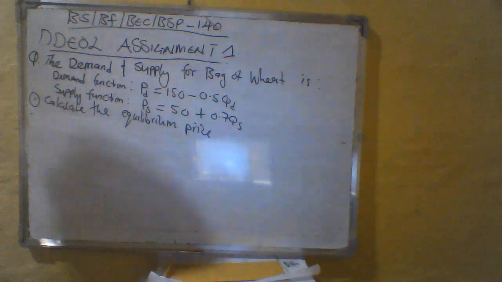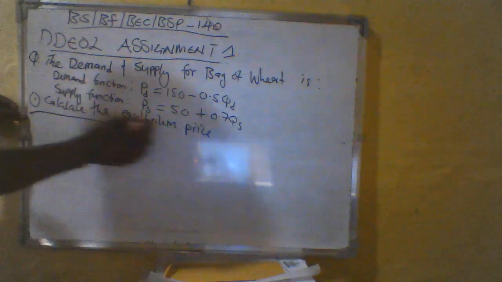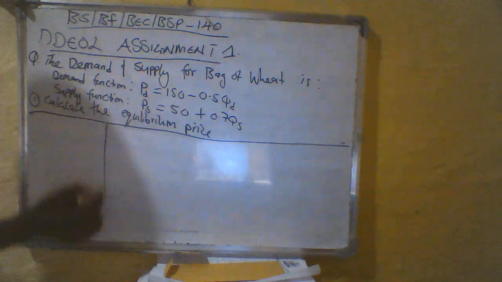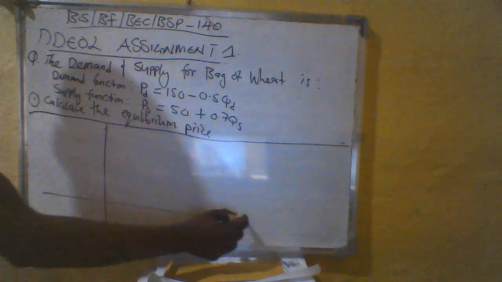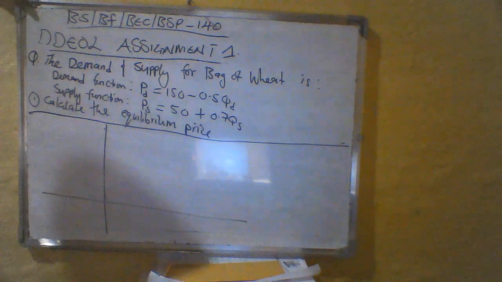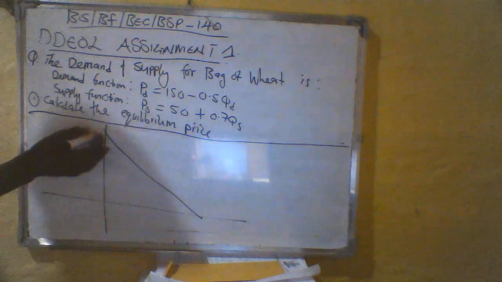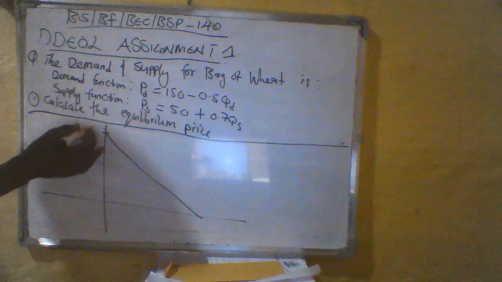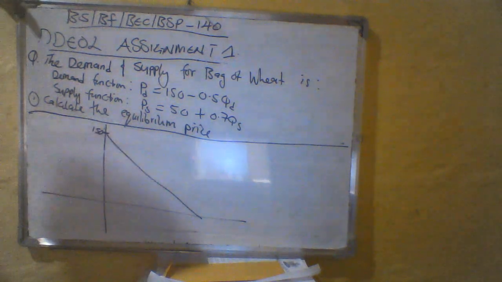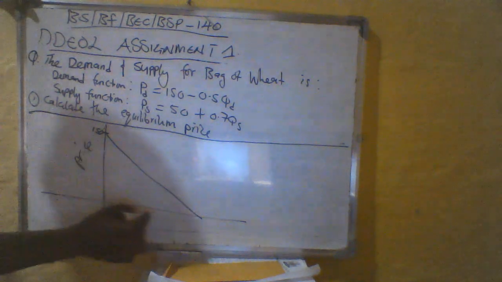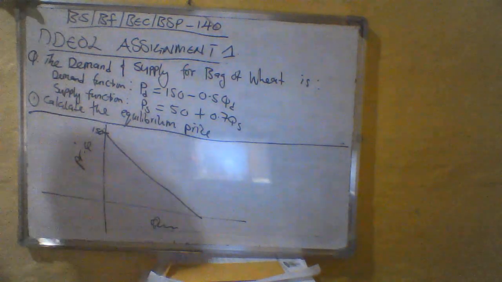Every time you look at the demand function, if this was my Cartesian plane, x and y axis, the demand equation, when sketched, will be in this format. It will pass through the 150, which is the price intercept. If this is the price axis and this is the quantity axis, this is what is going to happen.